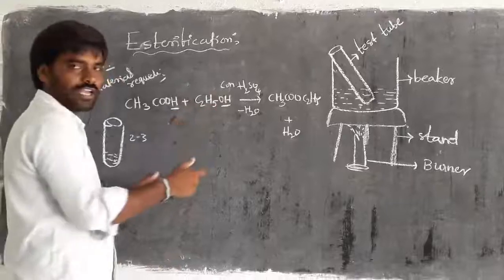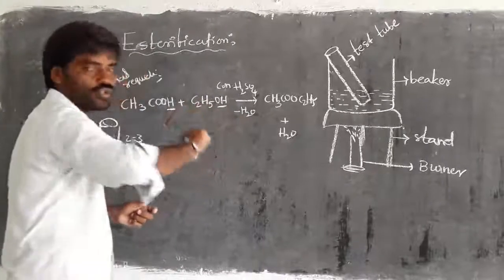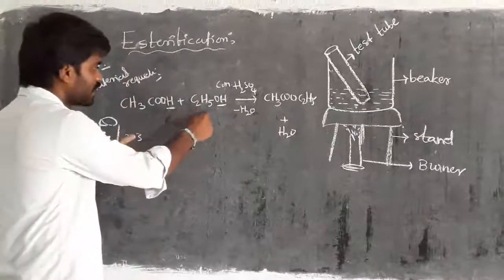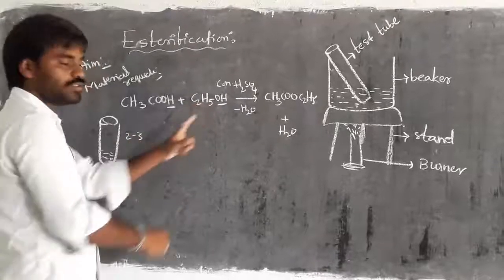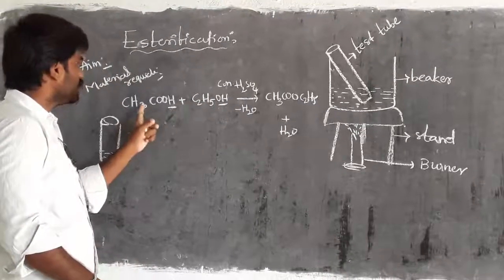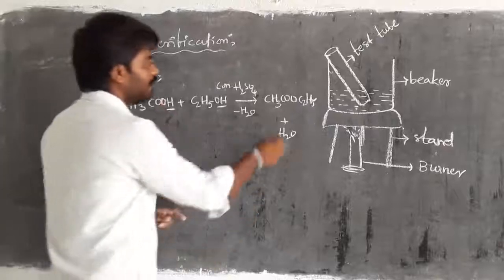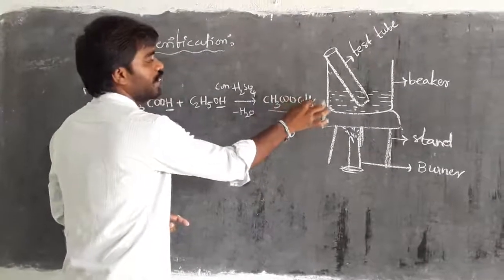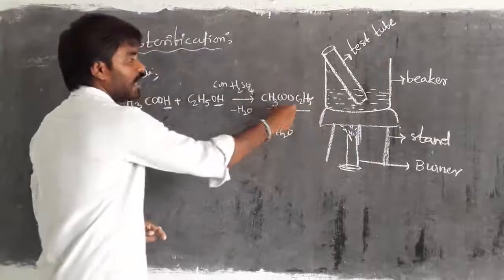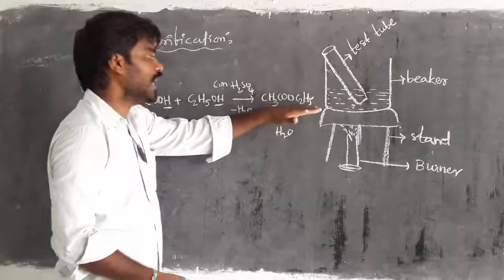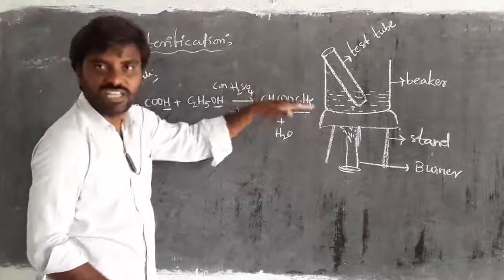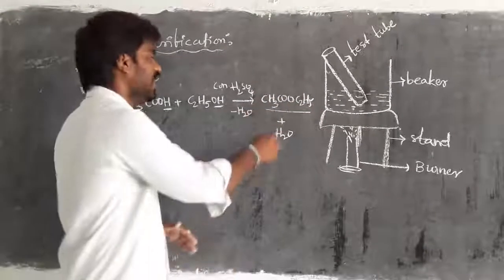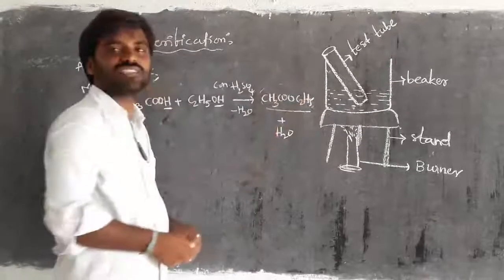These two are removed in the form of H2O. Then the remaining part, C2H5, attaches with CH3COO, and ultimately it prepares CH3COOC2H5. This compound we call ethyl acetate. This compound we call an ester.